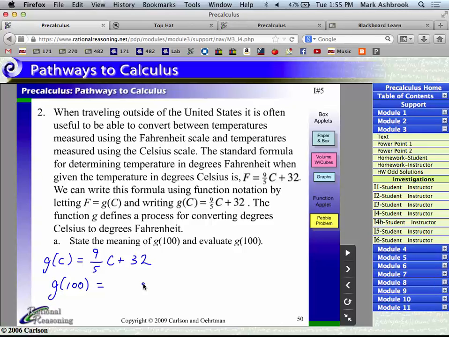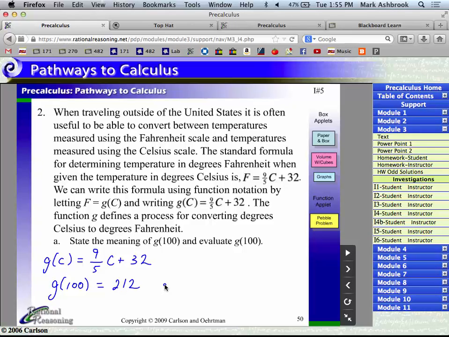This is the Fahrenheit temperature when Celsius is 100. The output is the Fahrenheit when the input, the Celsius degrees, is 100. Anybody get it? Should be 212. So when it's 100 degrees Celsius, this function G converted it to 212 degrees Fahrenheit.